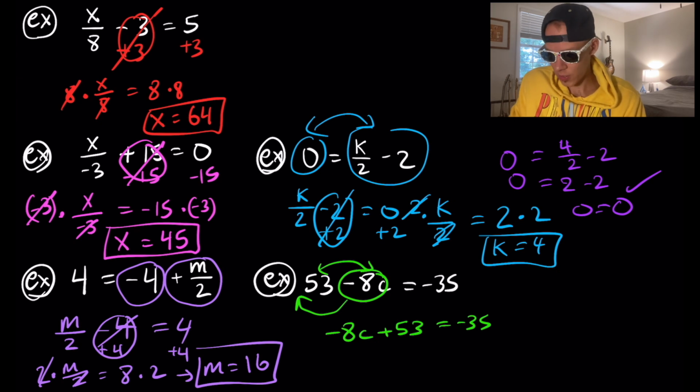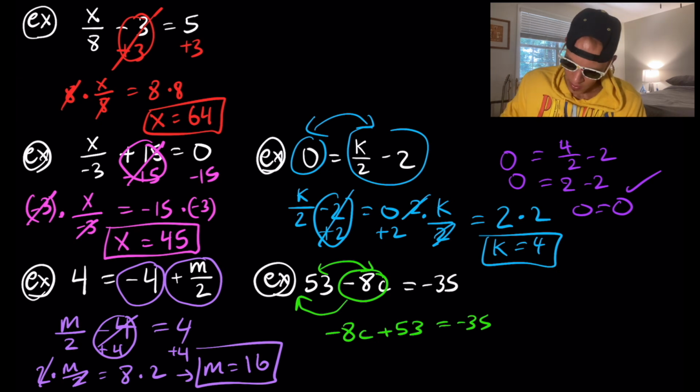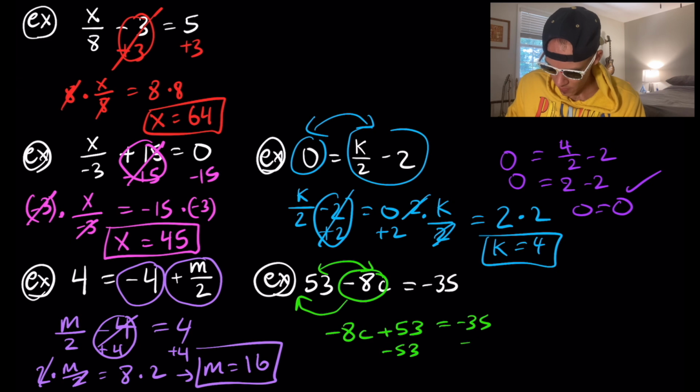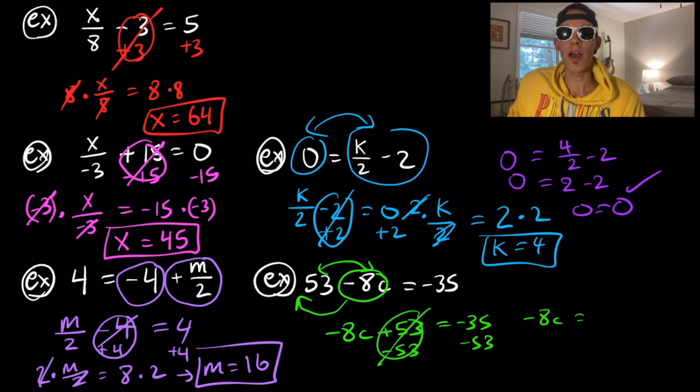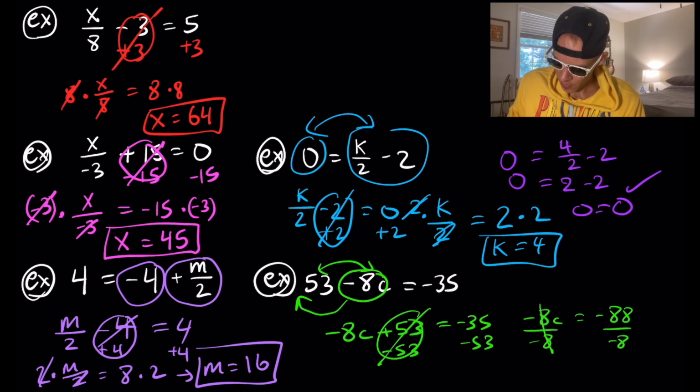And now I'll undo this plus 53 by subtracting 53 from both sides. These will cancel, and I'll be left with negative 8c is equal to negative 35 minus 53, which is going to be negative 88. And then I'll divide both sides by negative 8. Those cancel, so I'll have c is equal to negative 88 over negative 8, which is a positive 11.